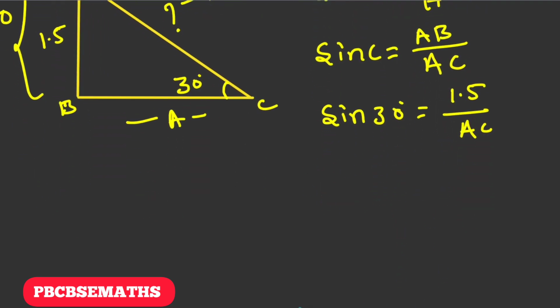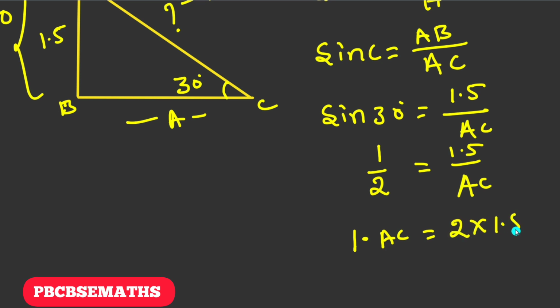We know that the value of sine 30 degree is 1 by 2. So let's write that it is equal to 1.5 by AC. Let's go for the cross multiplication. Then by doing cross multiplication, we can write 1 into AC is equal to 2 into 1.5.